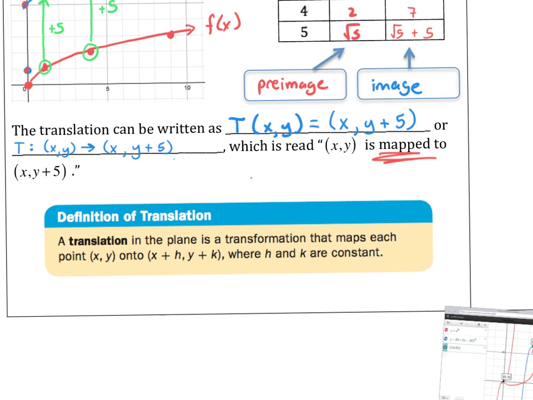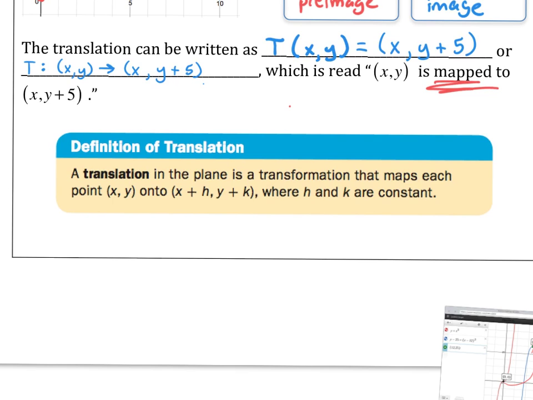So this brings us to the last thing we'll talk about today, the definition of a translation. A translation in a plane is the transformation that maps each point x y onto a new point. This one here is shifting horizontally, left or right.